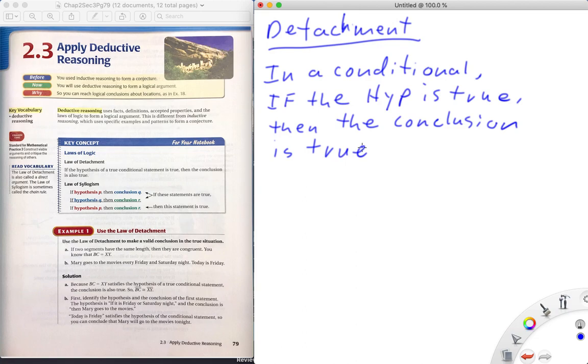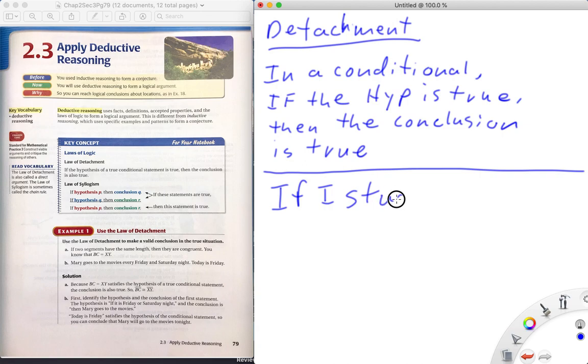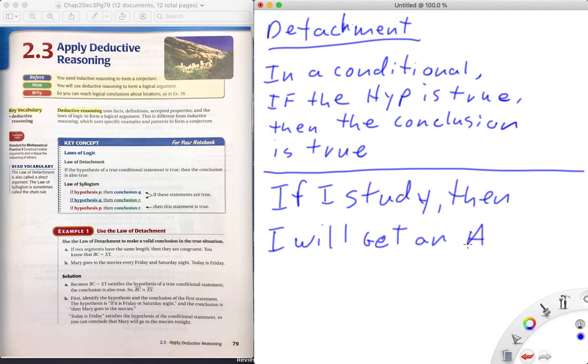So, for example, let's do a conditional. If I study, then I will get an A. That's my conditional.